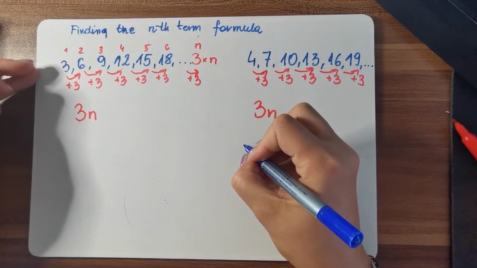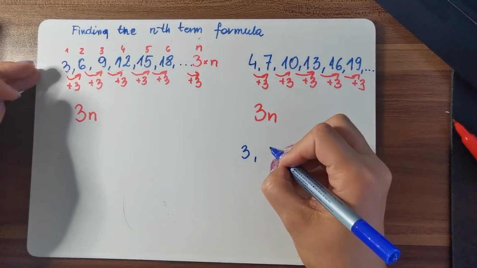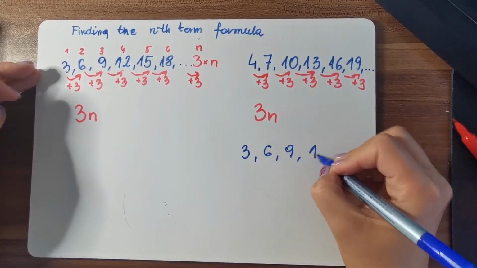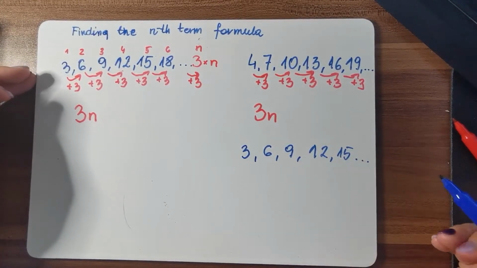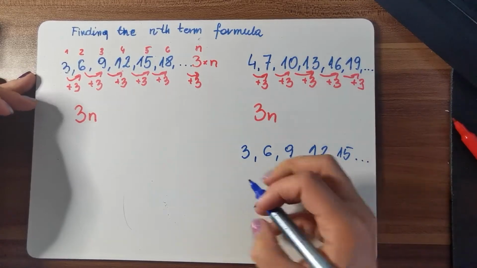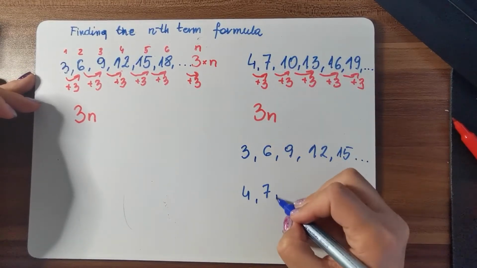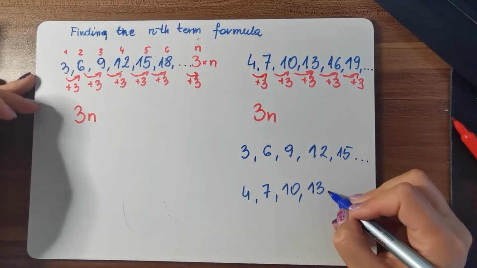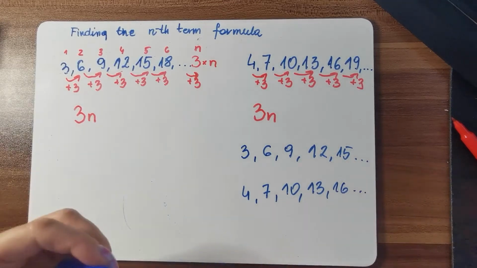The 3 times table: 3 times 1 is 3, 3 times 2 is 6, 9, 12, 15, and so on. The terms from our sequence: 4, 7, 10, 13, 16, and so on.